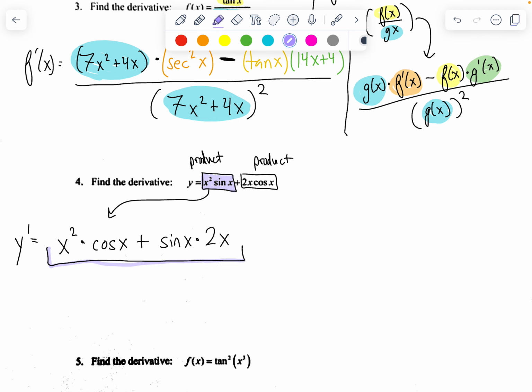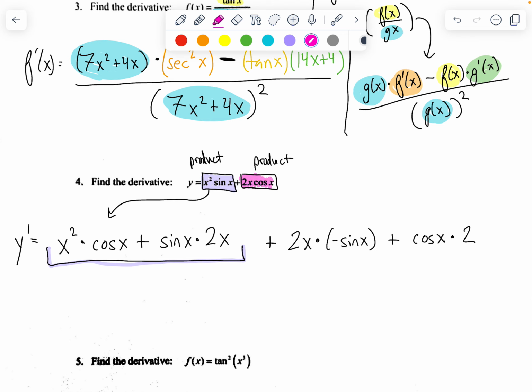That's the derivative using the product rule. And then the second part is going to be the beginning. So it's 2x times the derivative of cosine, which we know is negative sine of x. Then it's plus cosine of x times the derivative of 2x, which is 2.